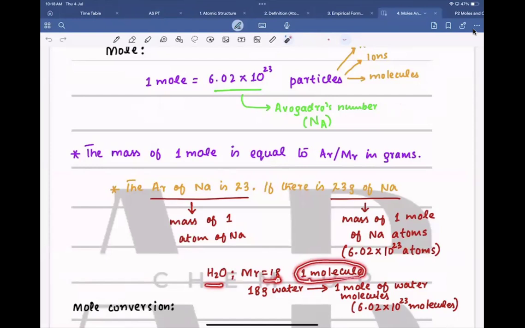Yes, sir. But if instead of just 18, I say 18 grams of water, then it means now I'm talking about 1 mole of water molecules. And now water is basically a molecule. So now it has 6.02 exponent 23 molecules in it. Is this understandable? Yes, sir.